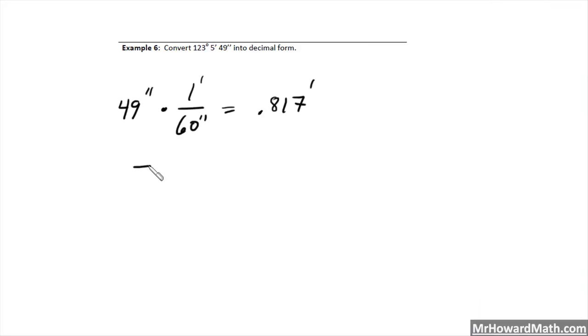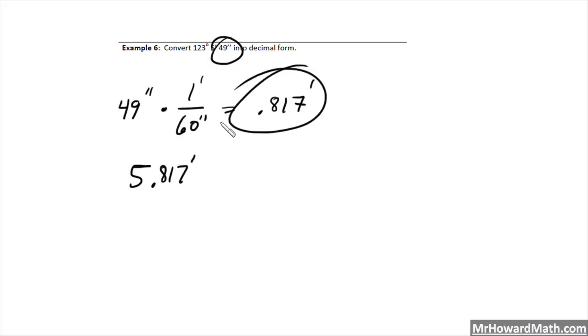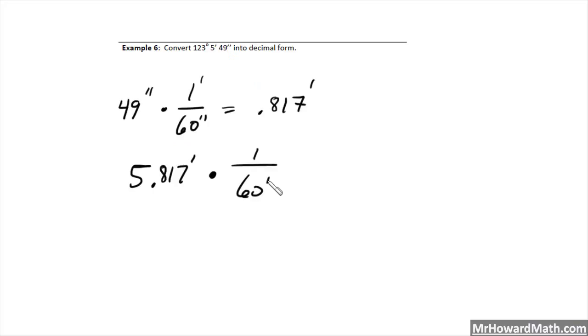So then we have this. We have 5 minutes, the original 5 minutes, plus another 0.817 minutes that we just identified. The 49 seconds, same thing as the 0.817 minutes. Now we want to convert this part into degrees, so that would be multiplied by 1 degree in 60 minutes. If you notice, we're getting rid of the minutes unit and we're going to degrees here.